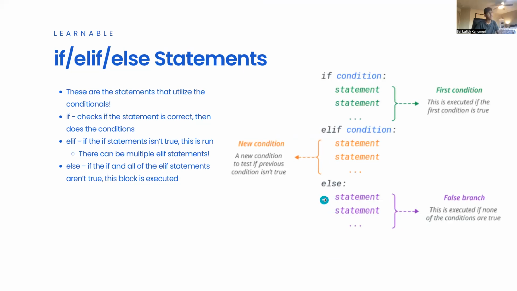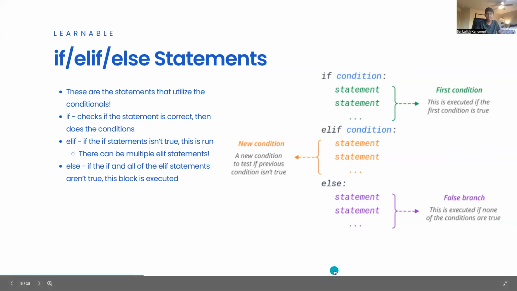Okay, now we're going to if, elif, else statements. These are the statements that utilize the conditionals. The conditionals basically use booleans to figure out whether something is correct or not. For example, if 3 is equal to 4, or if false or true is equal to true or false, you can do something like that. The first thing to run is if. If the if statement is correct, then it does the statement, and everything else after that will be skipped.